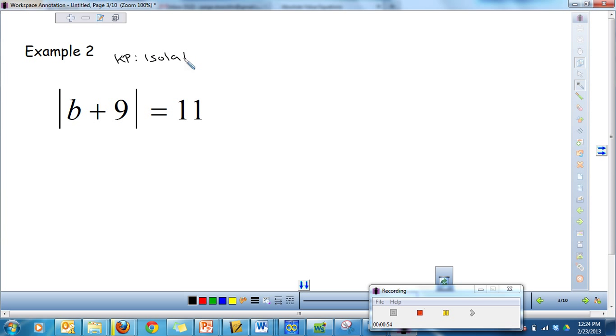Isolate the absolute value bars, then find two solutions. And I'll talk about what that means in just a second. You need to isolate your absolute value bars and then find the two solutions.